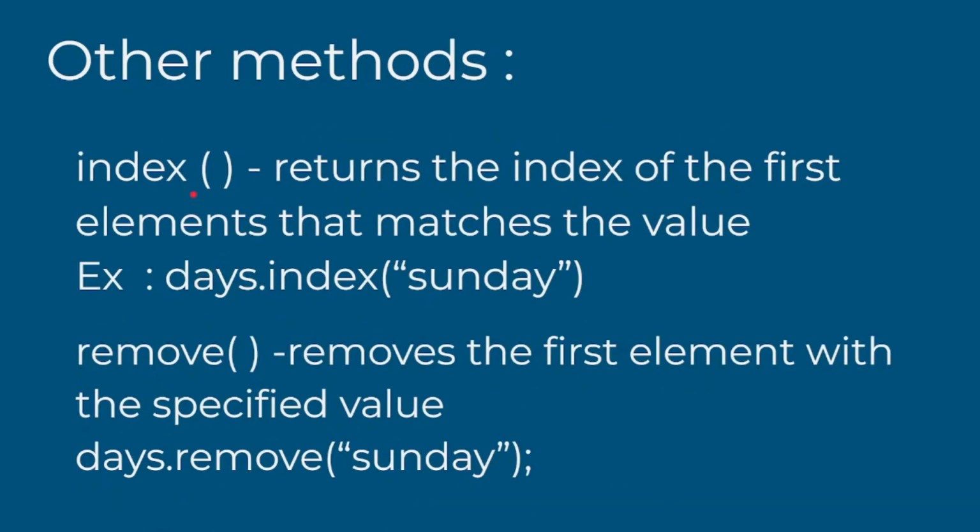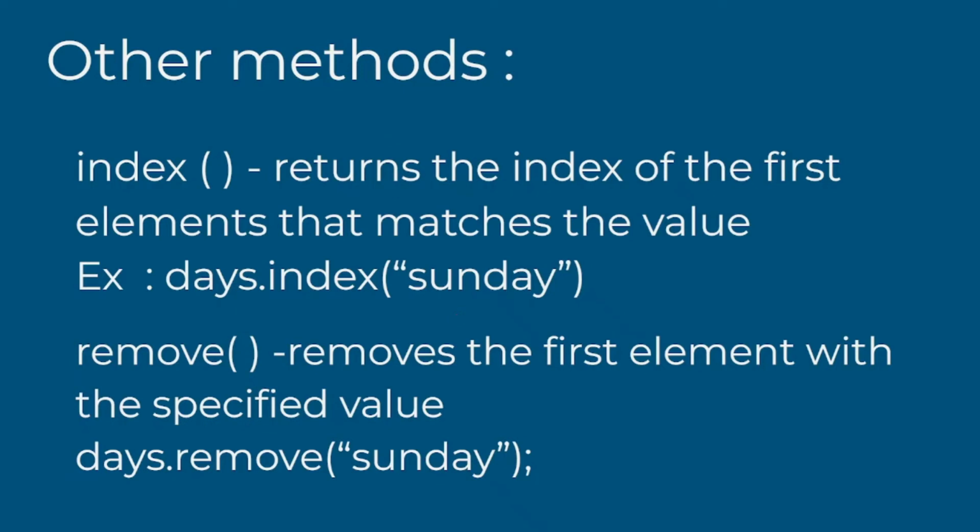The index method returns the index of the first element that matches the value which we passed to the index method. For example, let's again consider the days list. Let us assume that it contains 2 items, Sunday and Monday. If we write days.index of Sunday, then the returned index will be 0.